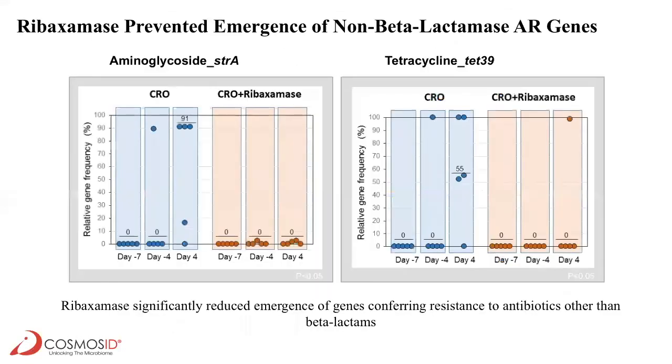Not only the shift in microbiome, but we have also recorded the emergence of antibiotic resistance genes. For example, we particularly see that use of ceftriaxone gives rise to enhanced emergence of aminoglycoside resistance and tetracycline resistance genes.